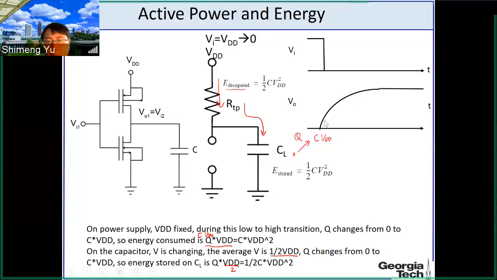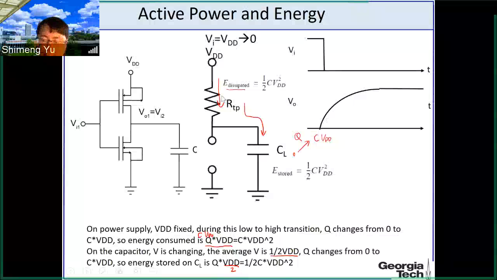So let's summarize. During this falling edge of the input, the power supply in total provides C VDD squared energy. Half of that is stored on this capacitor, and half is dissipated as heat in the PMOS.